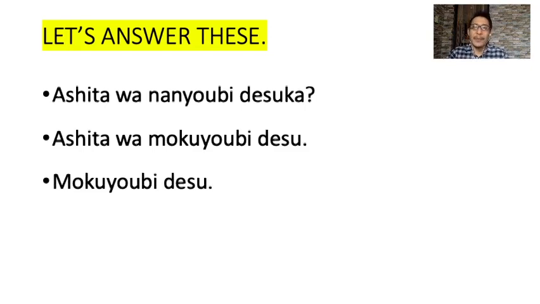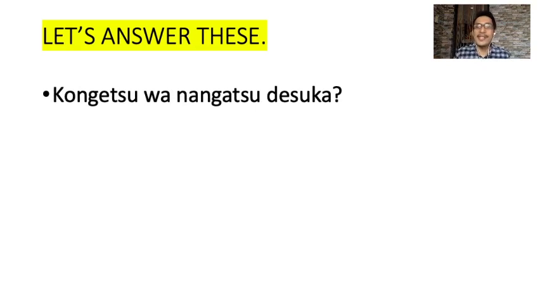Okay. Now, another question is, 今月は何月ですか? So, what month is this month? Okay, 今月 is this month, 何月 is what month. What is the correct answer? Can you tell me? Please type your answer in the comment section.